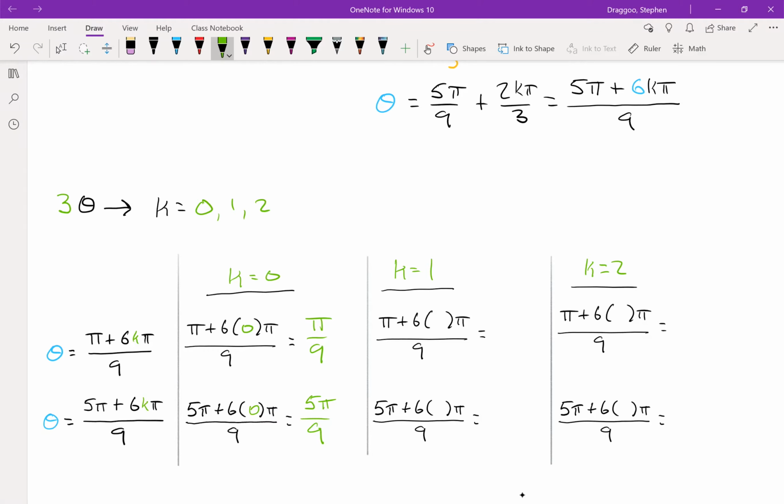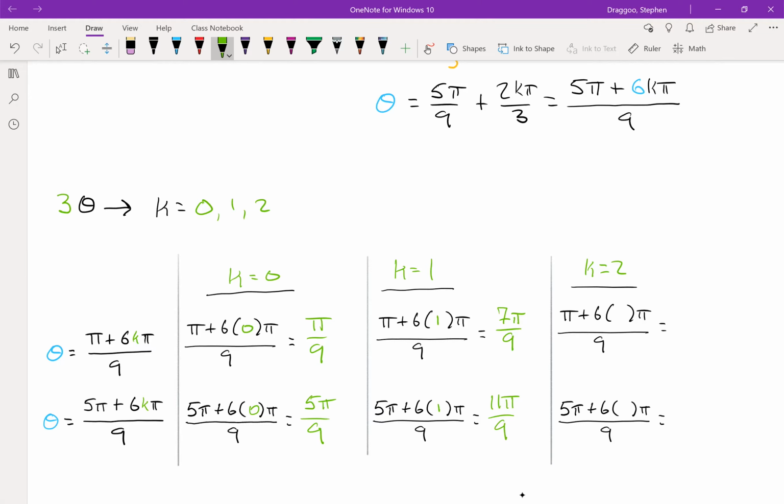Move into that next column, and now I've got k equal to 1. So I'll get pi plus 6 pi, which is 7 pi over 9. And below, I get 5 pi plus 6 pi, which should be 11 pi over 9.